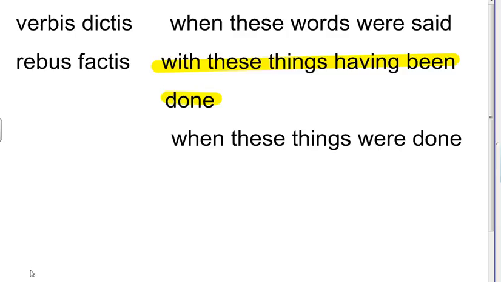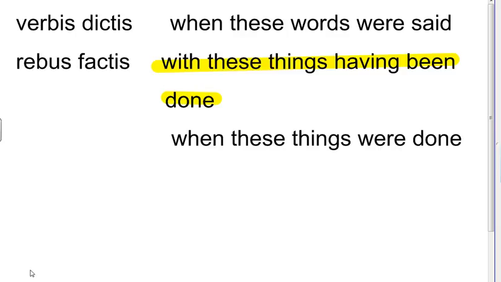I have, however, with the highlighter pointing it out, shown you the old-fashioned way, the intermediate step in translating ablative absolutes, with these things having been done. Some textbooks have students use this approach for a while, and then a chapter or two later introduce the fact that good English demands turning the ablative absolute virtually all the time into one of these subordinate clauses, such as when these things were done.